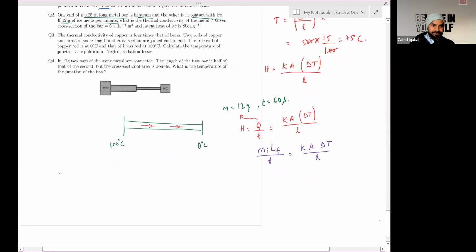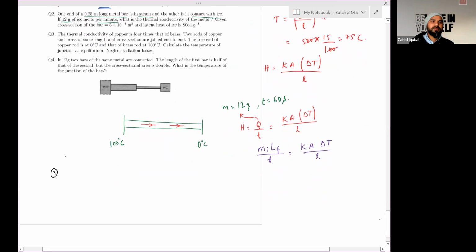Okay, in third part, the thermal conductivity of copper is 4 times that of brass. Two rods of copper and brass of same length and cross section are joined end to end. Let's say this is copper, having same length, joined to brass.